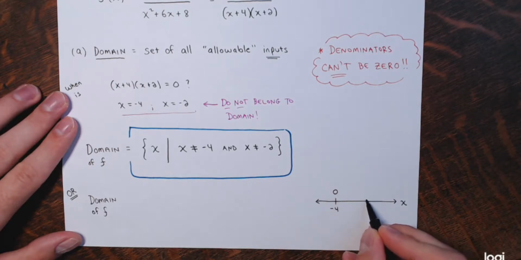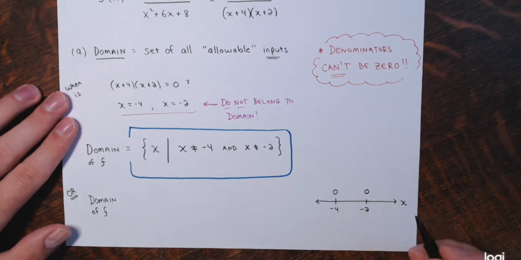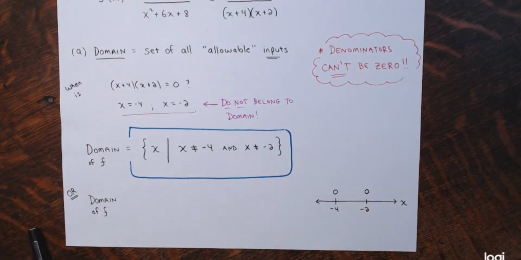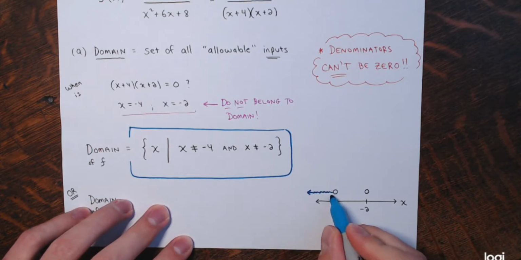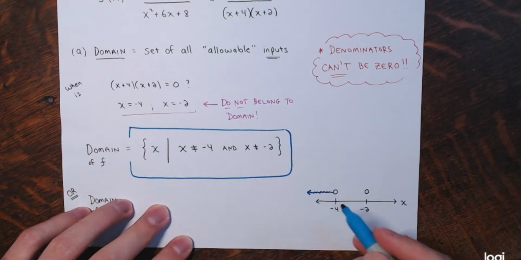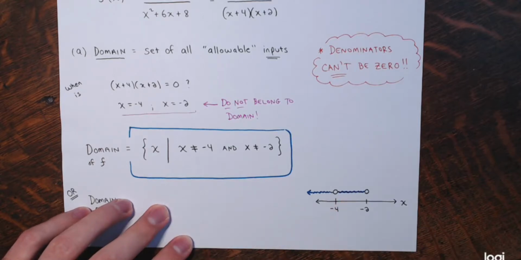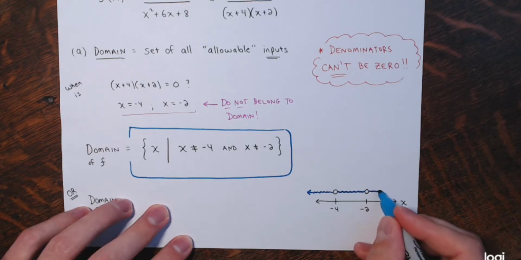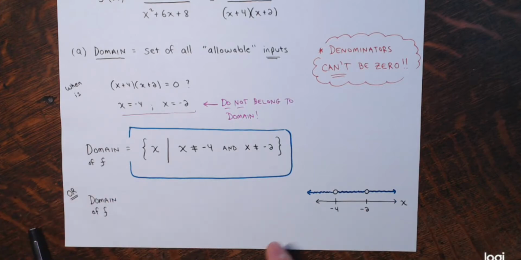And also x can't be -2, so I put a big hole above that. But it can be anything else. Any of these values to the left of -4 are in the domain. These values between -4 and -2 are also in the domain. And the values to the right of -2 are all in the domain, all those values I just highlighted except where the holes are.